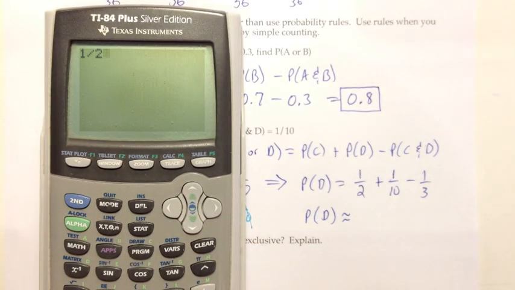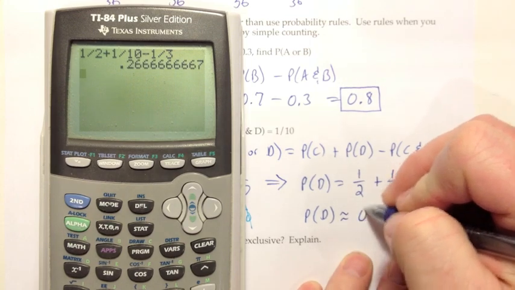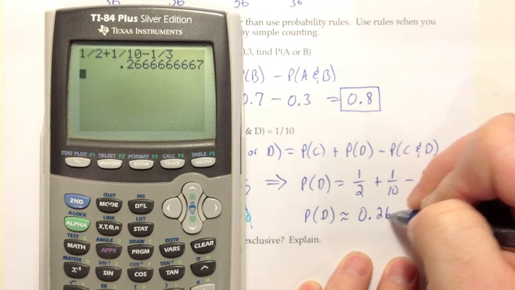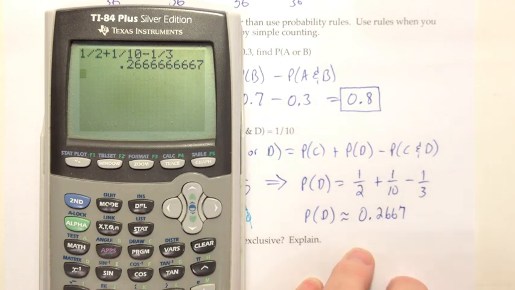So 1/2 plus 1/10 minus 1/3, just using division for all the fractions, and I get the probability of D is 0.2667. So it's not a fraction answer, but we give decimal answers all the time in stat, so it's an approximation. If you needed the exact answer, you'd do the common denominator, but we're always good with a decimal, so I just went straight to the calculator.